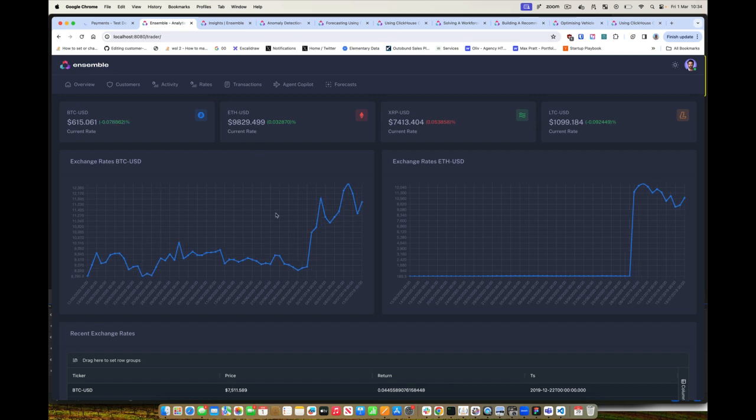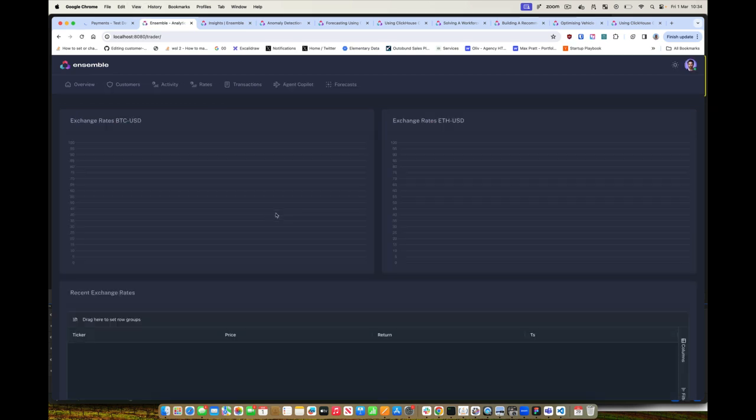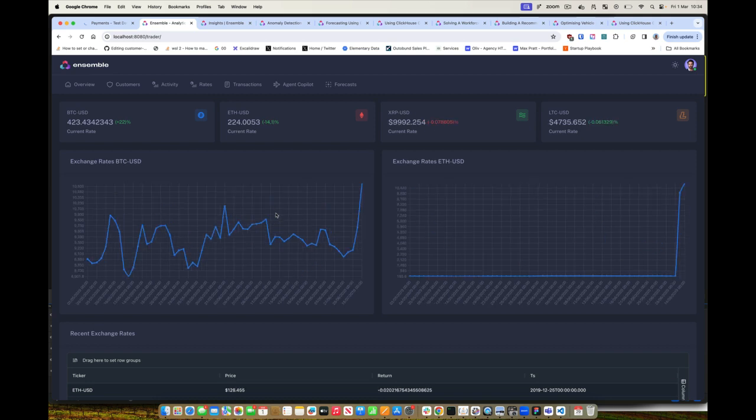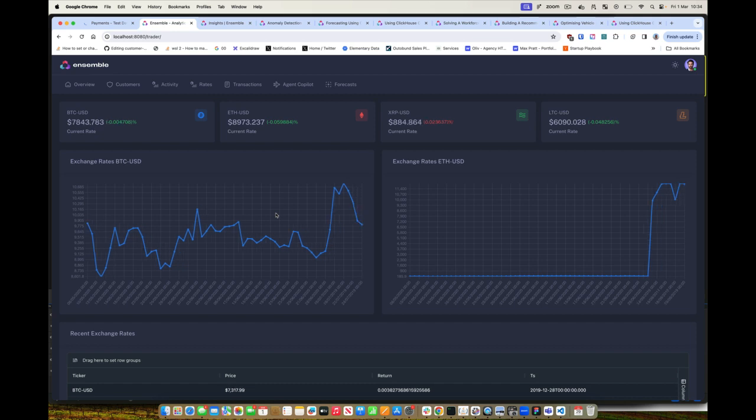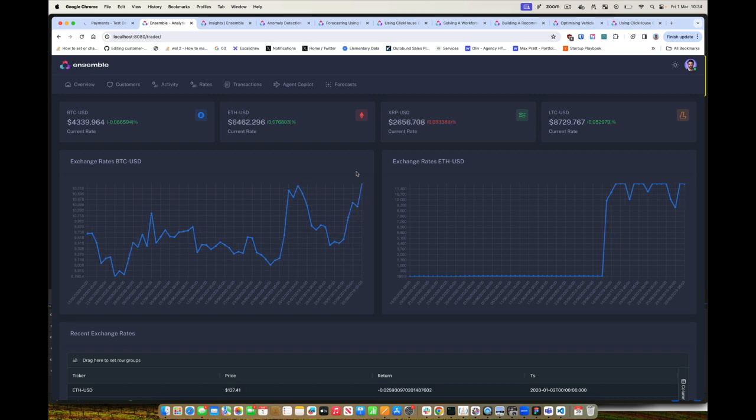We are building this experience where if I refresh the page, initially we go back to ClickHouse to understand the state of the world. Then we begin listening to a WebSocket for ticking data to populate this React front end. So here we get a really real-time user experience of what is happening right now.